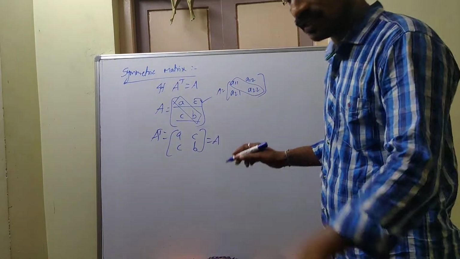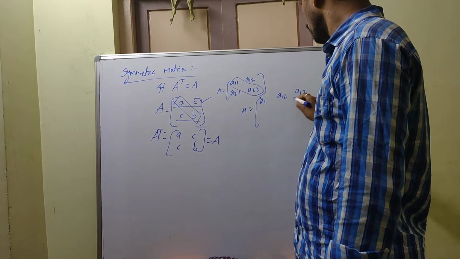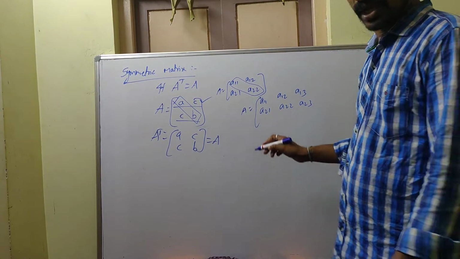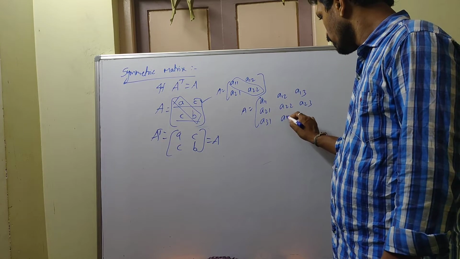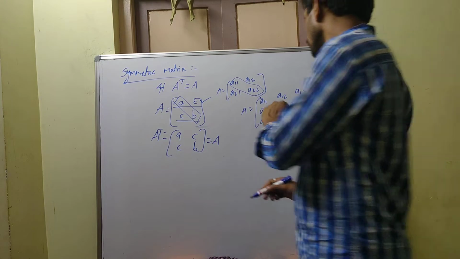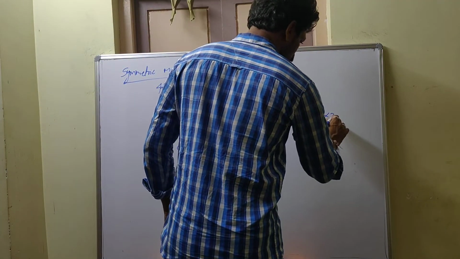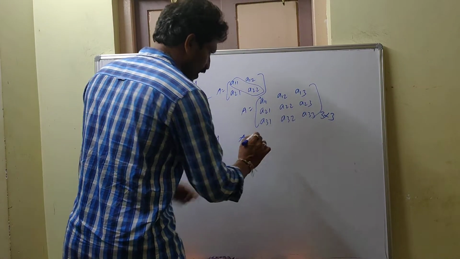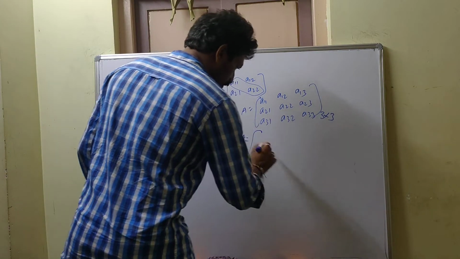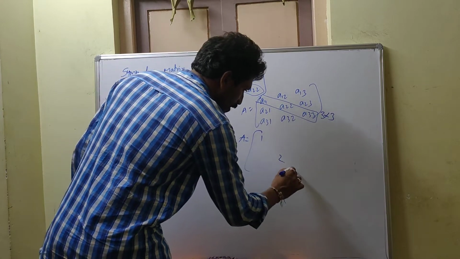If you go for 3 by 3, A is equal to A11, A12, A13, A21, A22, A23, next A31, A32, A33. If you want this to be a symmetric matrix of order 3 by 3, the principal diagonal elements can be any number you take, no problem.